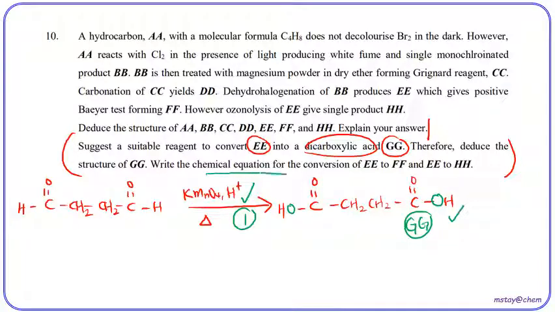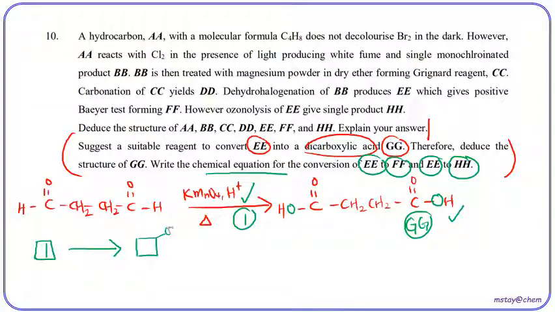So write the chemical equation to convert EE to FF and EE to HH. So I think in the previous slide we already wrote it down, but never mind, maybe it is not complete. So we start from here. This is the EE, and then react with the Bayer test.